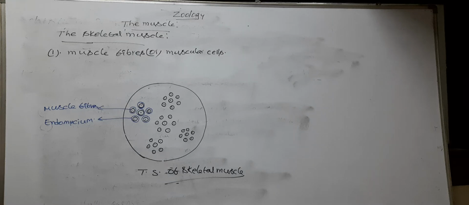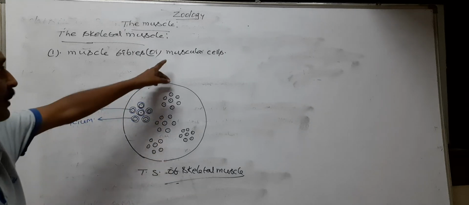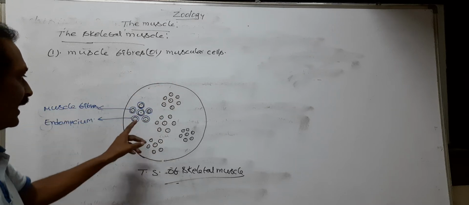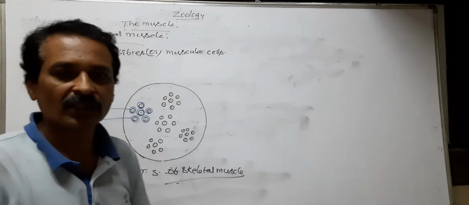Next, in the skeletal muscles, the skeletal muscle cells are arranged in bundles or groups.